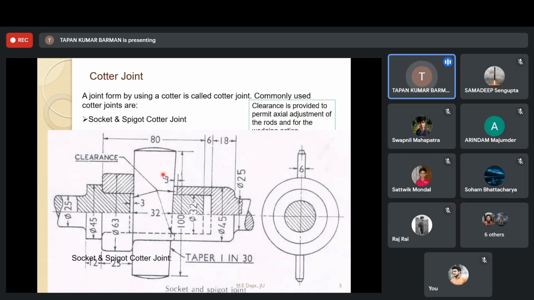Then only you can draw that object in section. Depending on the position of the cutting plane, a section may be full section, half section, or revolved section. So there are different types of sections.